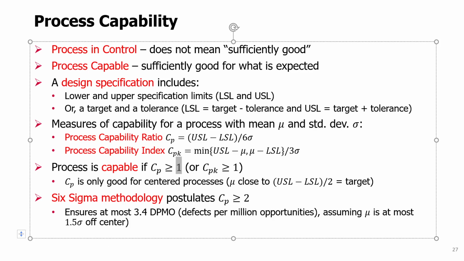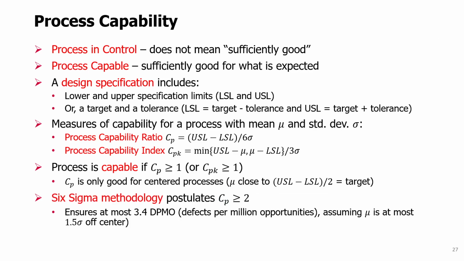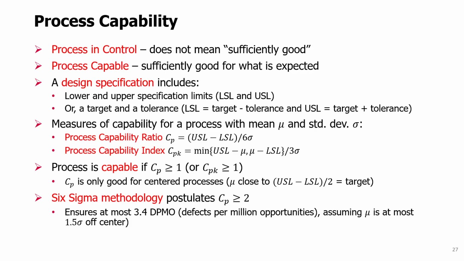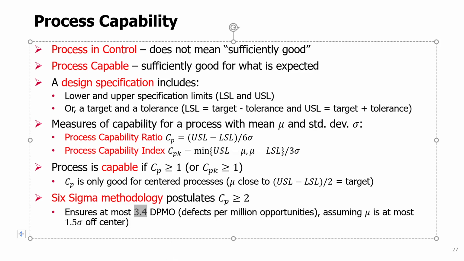So the Six Sigma methodology postulates that we increase this requirement. The process is capable according to Six Sigma, or Six Sigma capable, if the capability ratio is at least 2, and this ensures that there are much fewer defects.